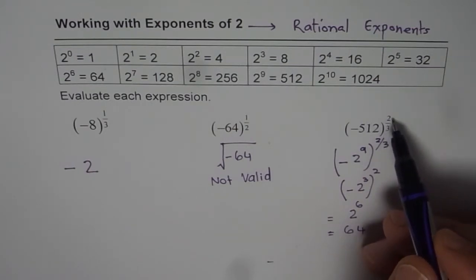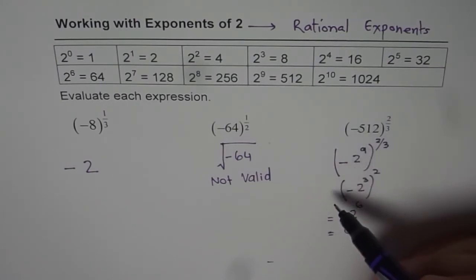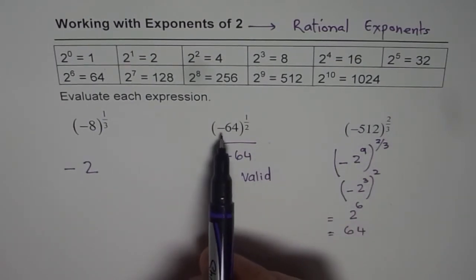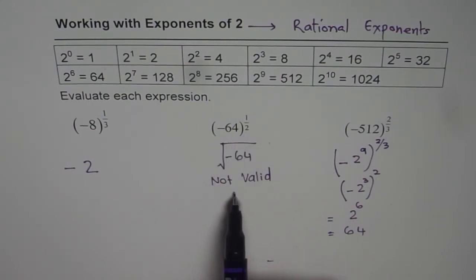So if the exponent is even, in that case the negative sign becomes positive, as an even whole number, I'm going to say. But if we have a situation like this, where we have square root of a negative number, then the answer is not a real number.